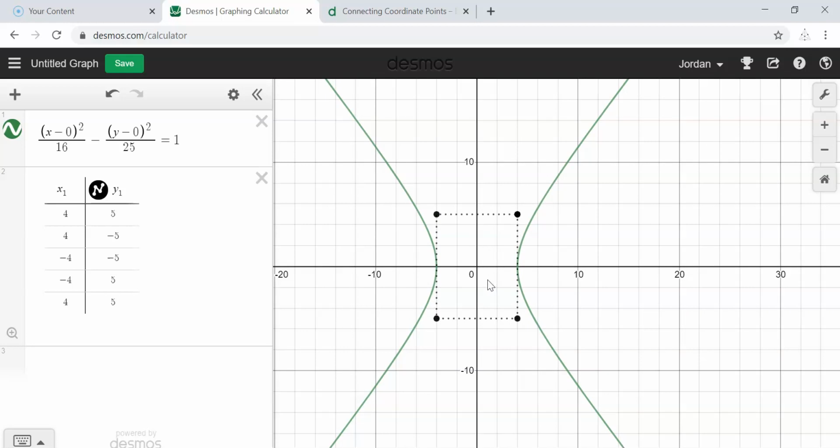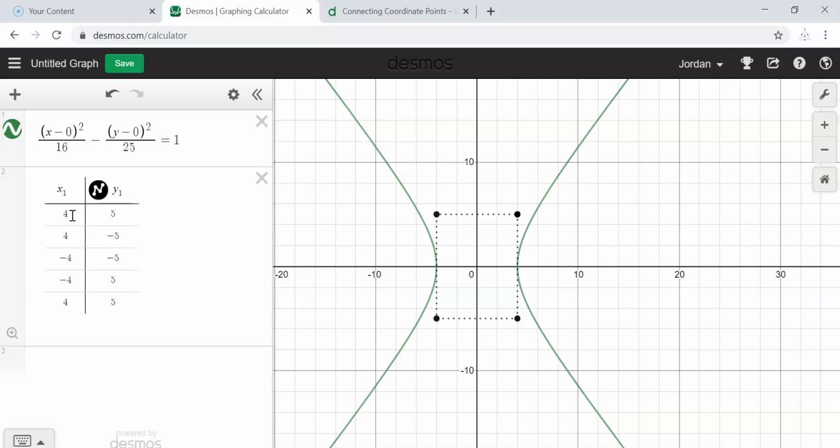So these asymptotes are lines that the hyperbola approaches. And you'll notice that under the x, I have 16. So that meant that the a was 4. Under the y part, I had 25. That meant the b was 5.